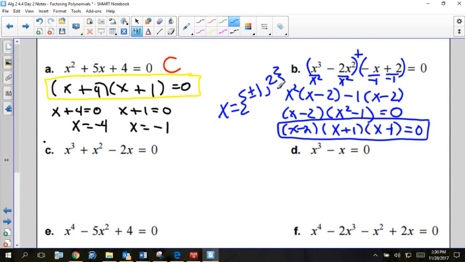Which one has x-intercepts at plus and minus 1 and 2? Which one? F. See? Plus and minus 1 and at 2. You see the x-intercepts there? Yay or nay?